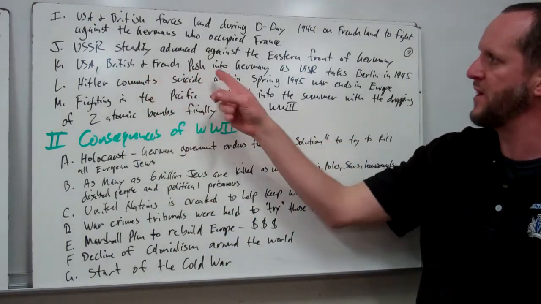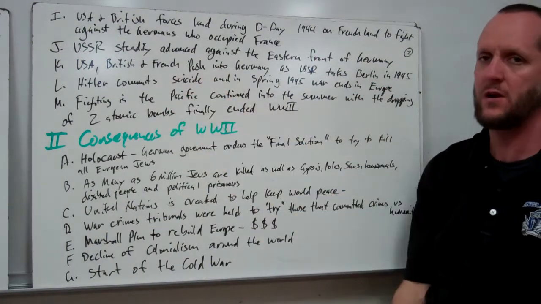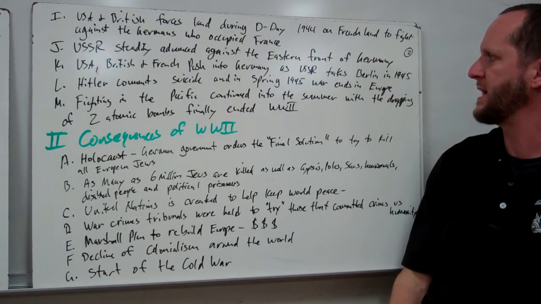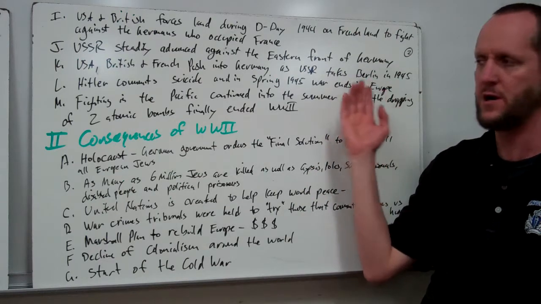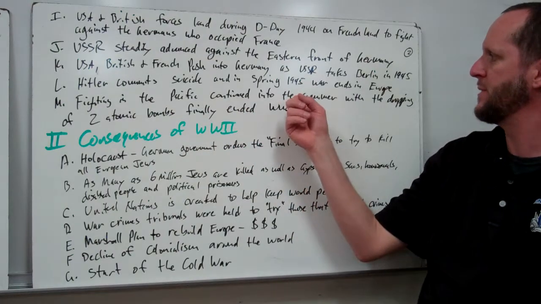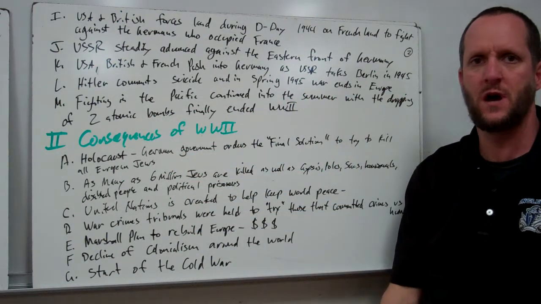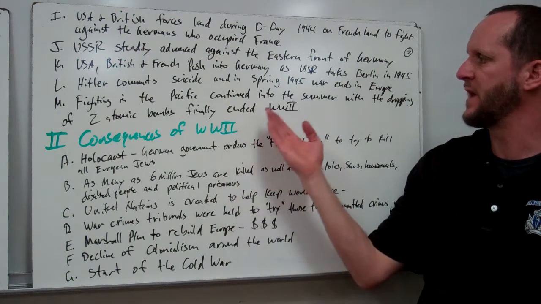United States, British, and French push into Germany as USSR takes Berlin in 1945. Hitler commits suicide in the spring of 1945, and the war ends in Europe. Fighting in the Pacific continues into the summer months with the dropping of 2 atomic bombs that finally ended World War II.